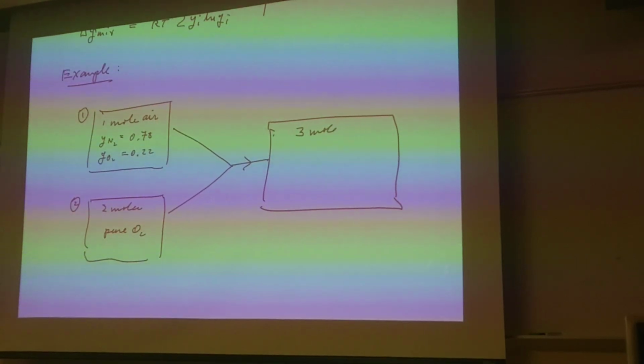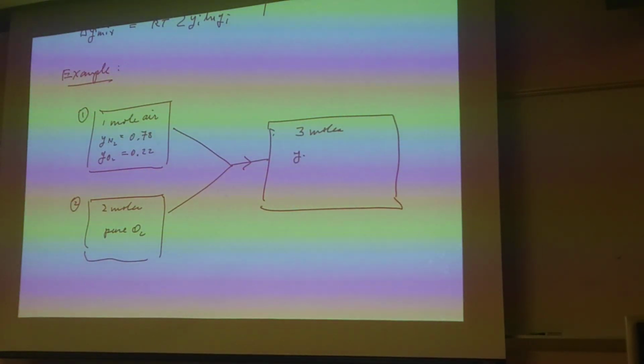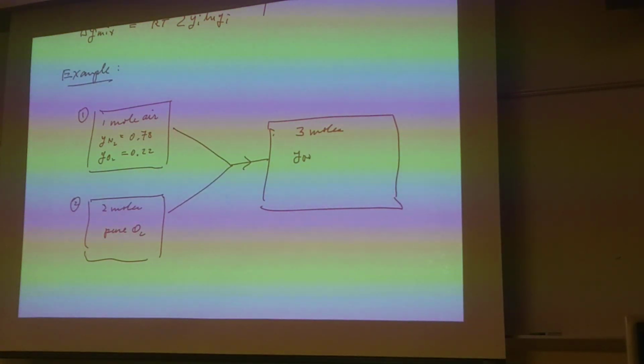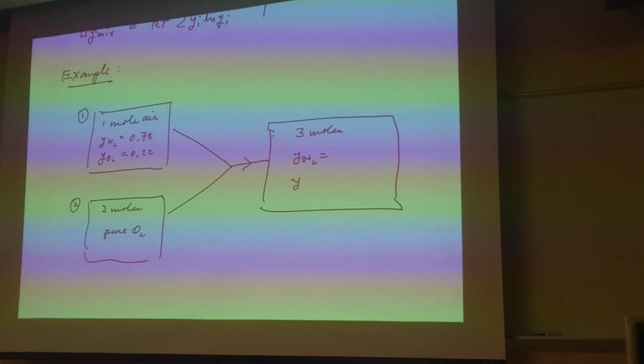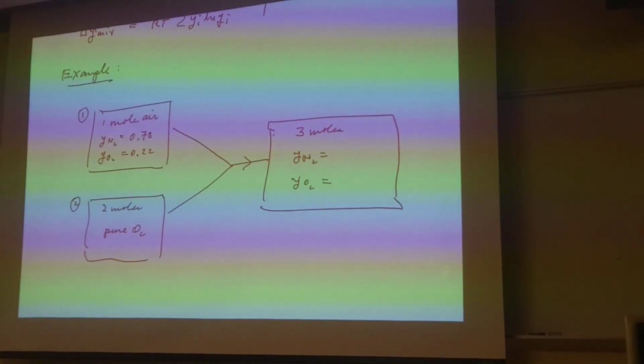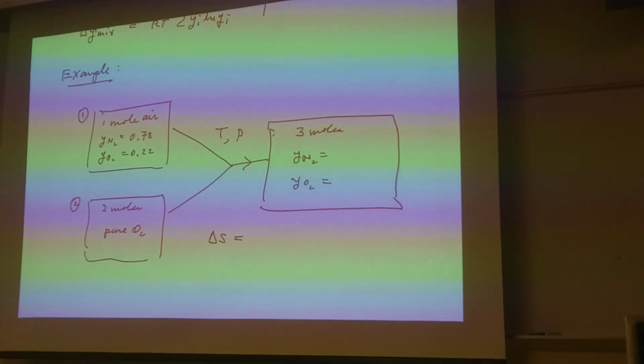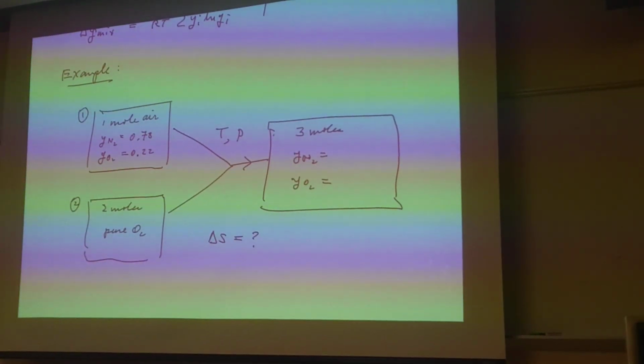You see I'm going to end up with 3 moles, and I can calculate using a material balance what the mole fractions of nitrogen and oxygen are. But what I'm interested in, this is at some constant T and P, I'm interested in calculating delta S for that mixing process.